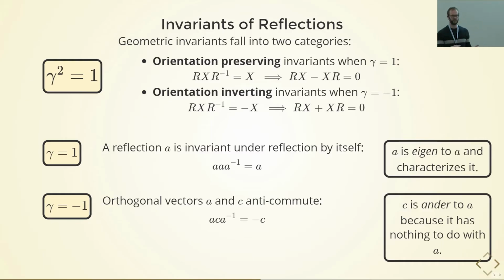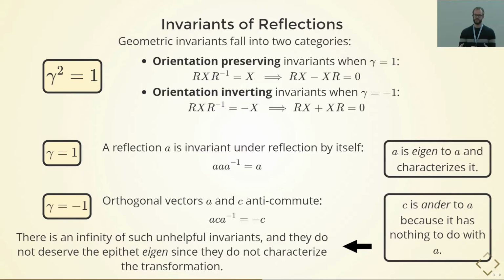Because it is invariant, but it's invariant because it has nothing to do with it. So that's not really eigen because it doesn't characterize the transformation. I cannot reconstruct that transformation if I just know the element C. If I just give you C, there's no way for you to know what the reflection was.